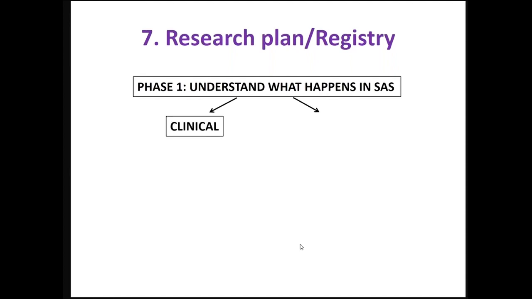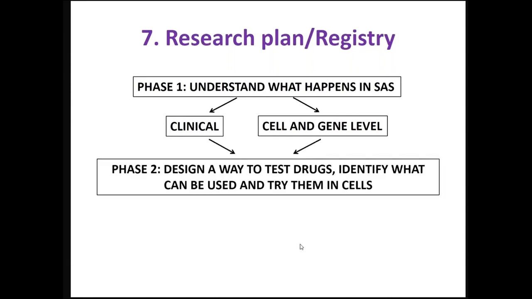So as you know, I do the clinical part of it, and then there's a parallel side, which is what happens with the cells or the mice, what happens in the gene, but all with the same intention, which is to advance to the next part of it. Once you have an understanding of what happens, then you can start trying to fix the problem.